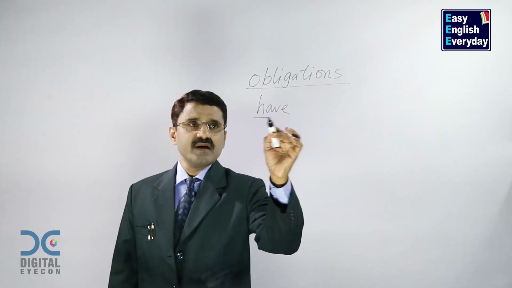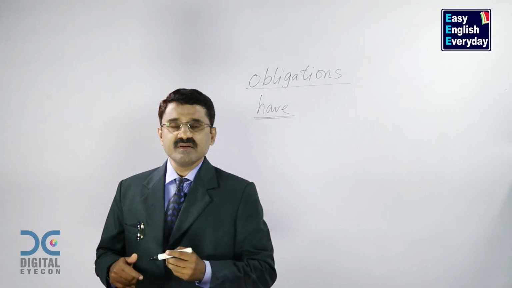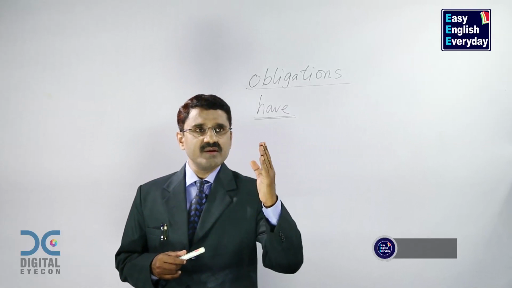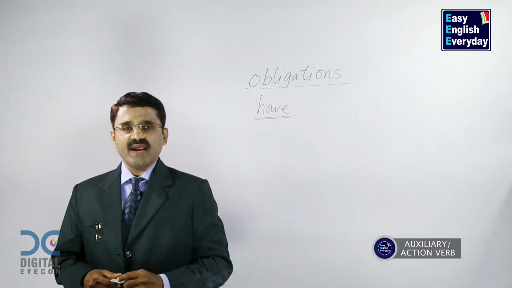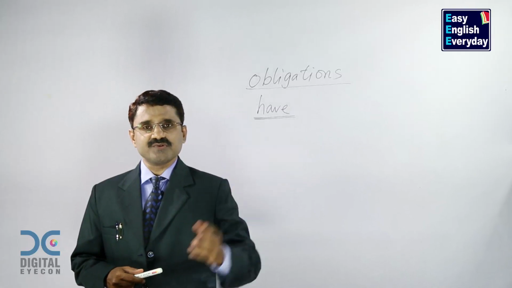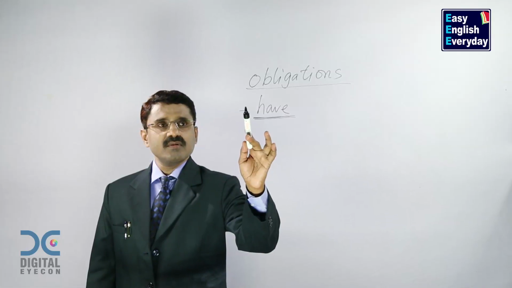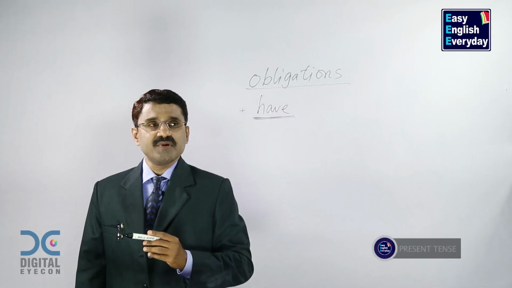Have is an important person in the English language. We call him verb. We can call him auxiliary verb or action verb according to his position in the sentence. Now, he indicates present tense.